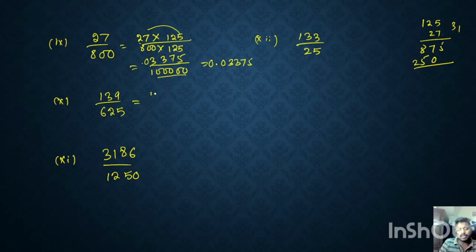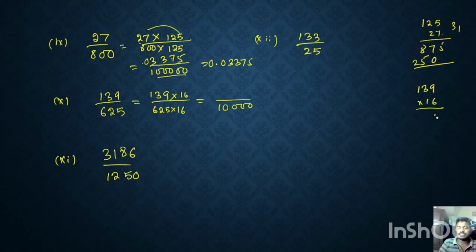139 divided by 625. So multiply with 16 because 625 combination is 16. Then when we multiply with 16, the denominator is 10,000. Then in the numerator we find 139 into 16.